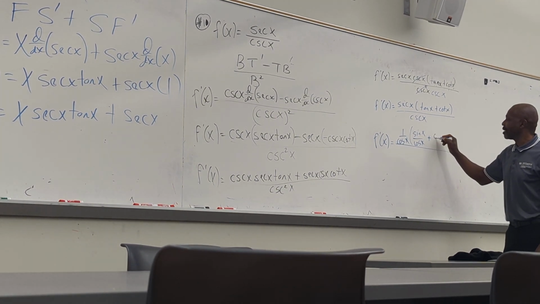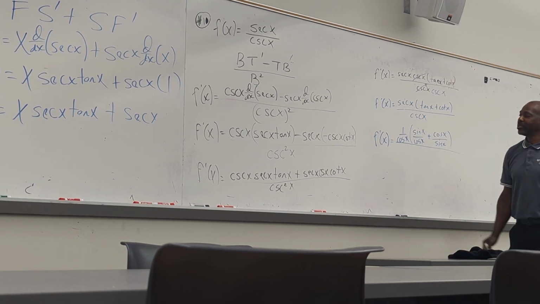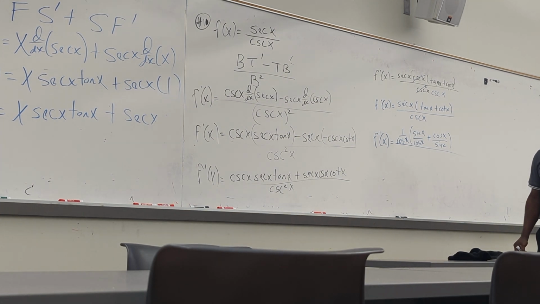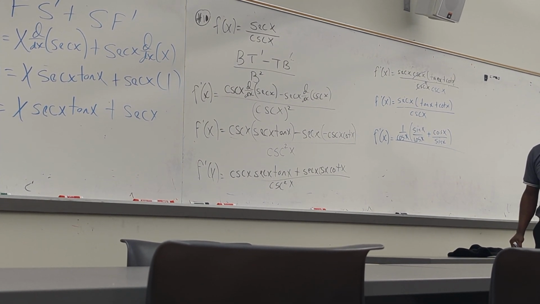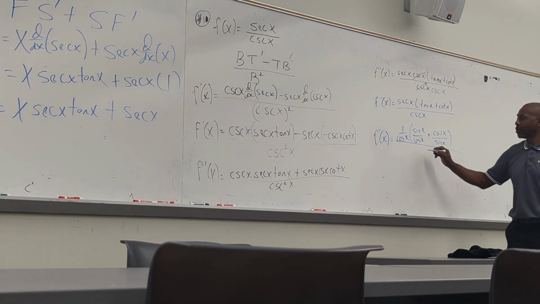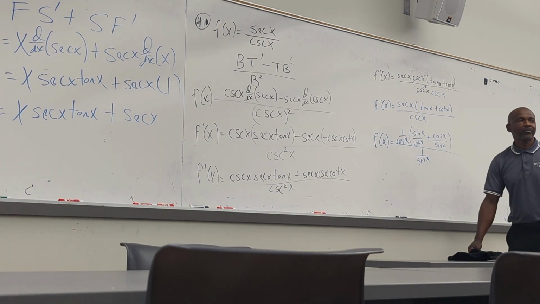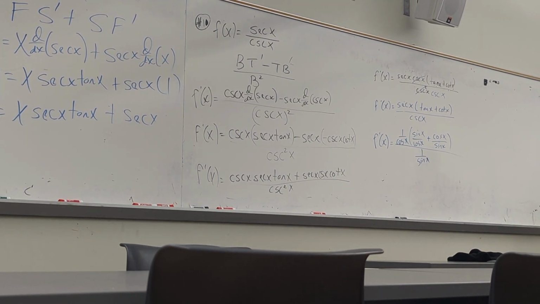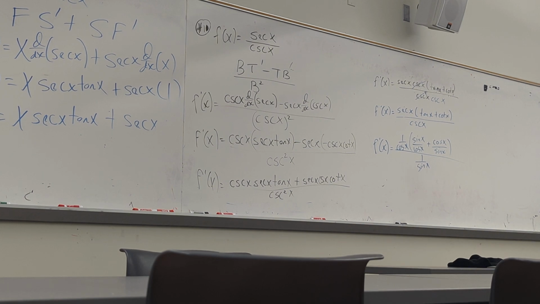Cosine over sine. Remember the reciprocals? The secant and the cosine? So if I have secant, that's 1 over cosine. We good?